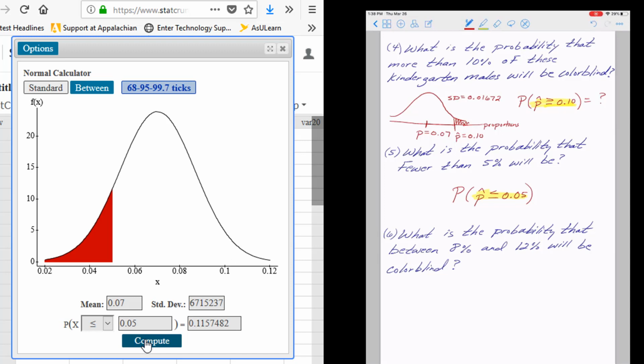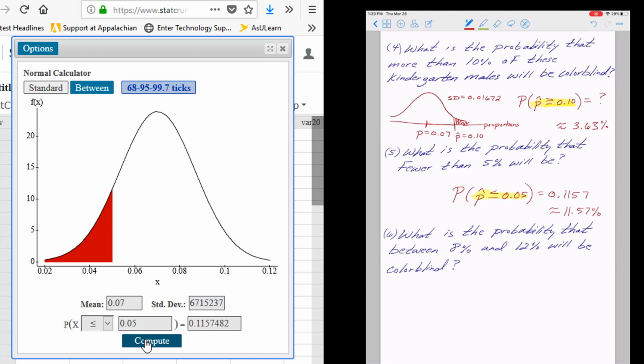And it looks like this time we're getting about 11.5%. And again up here, this was about 3.63 in percent form.